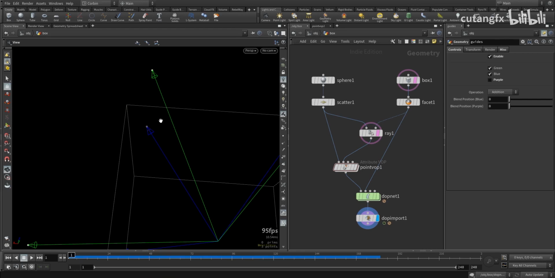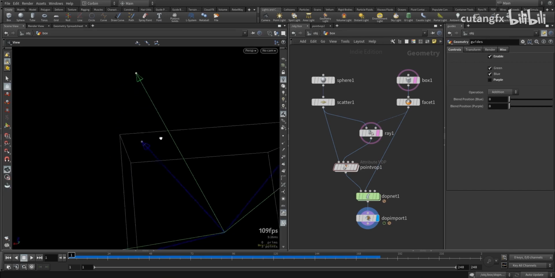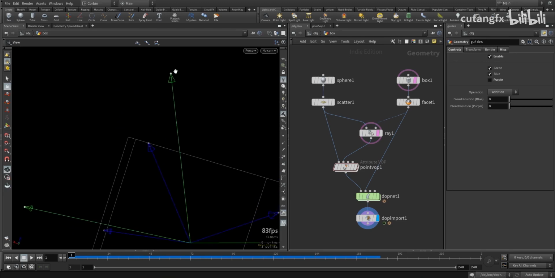Now, really what we're doing is we're adding a negated value, but which value we negate matters. And the one that we negate is the one that we go from. So what do we want to do here? We want to go from our green towards the blue. So we want the purple to go from here to here.